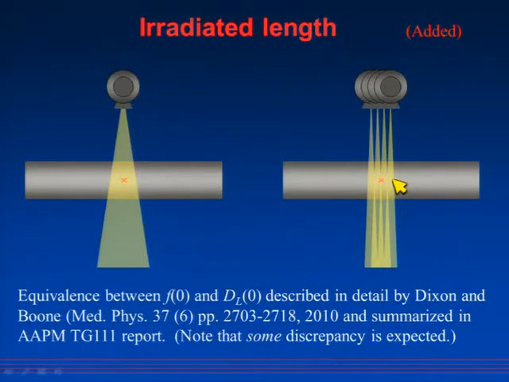You're getting the same thing either way. These photons have nothing to do with each other. You treat them as independent. You treat each of these scans as independent. The total amount of dose received here is going to be about the same as here. There are cone beam effects and so forth, and there are details.